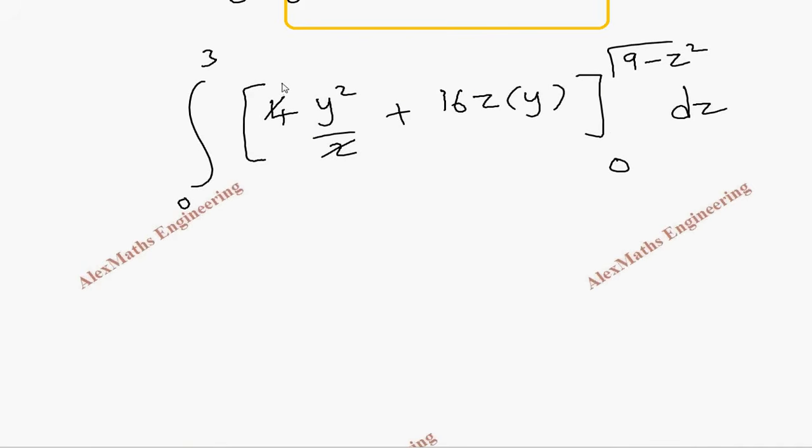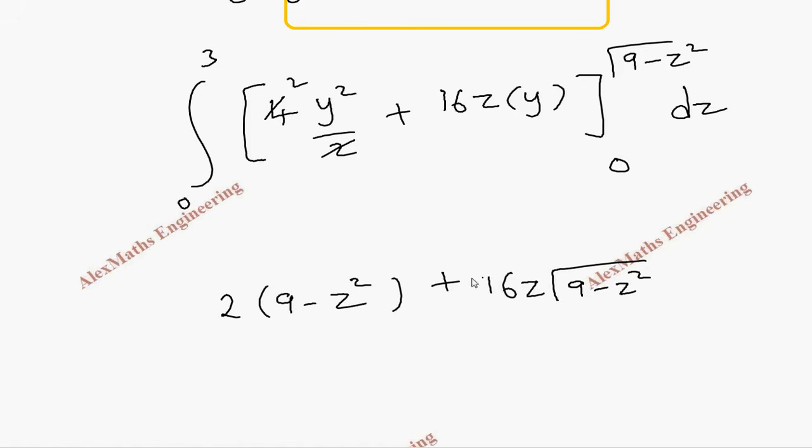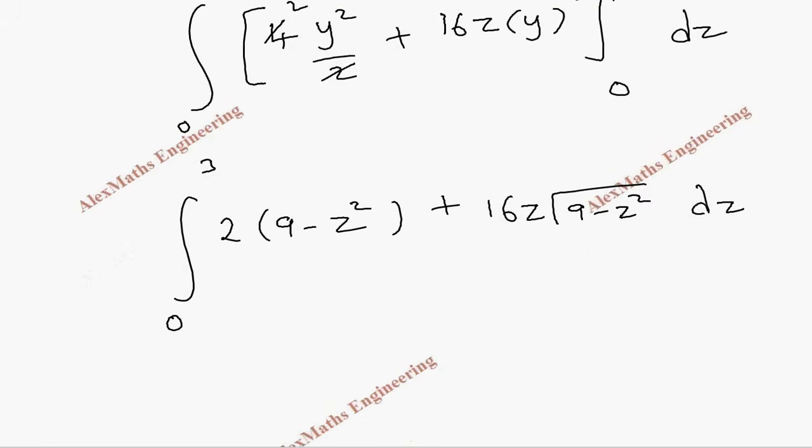After cancelling this, when you apply the upper limit, this becomes 2 into 9 minus z square plus 16z into root of 9 minus z square and integral 0 to 3 dz.